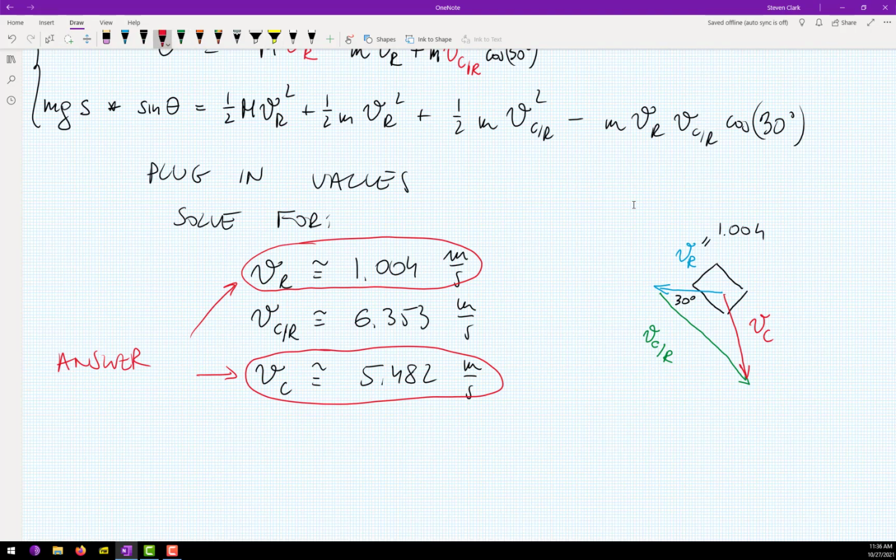This red vector is approximately 5.482, and this guy is approximately 6.353. That makes sense because that green guy must be the longest in that triangle. That makes sense. Okay. Wow. Questions?